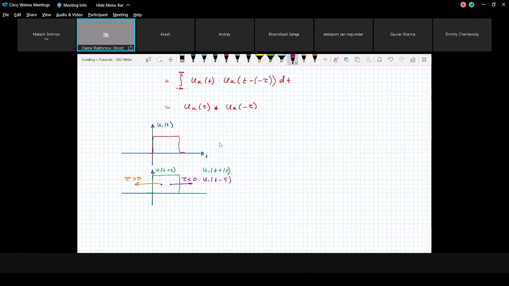Now we need to calculate the overlapping area between the original signal and the copy for different values of delay. This is what we try to do. Of course, we don't need to evaluate infinitely many different points.